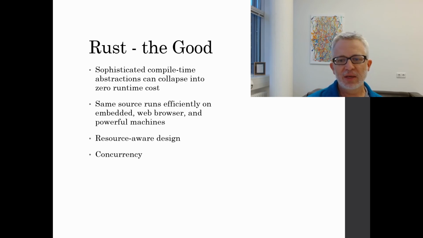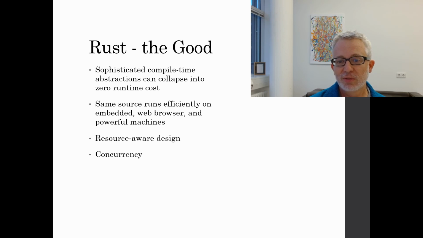Something else that is very appealing, and we're going to see some of it tonight, is that the same source code runs very efficiently on all kinds of different hardware, from embedded devices, including tiny microcontrollers, to web browsers, to powerful workstations or servers. So it's a resource-aware design. When you program in Rust, you have to be very aware of resources, which also means very aware of data. And then finally, in terms of concurrency, it's a wonderful language to deal with a lot of the problems that come up with concurrency.